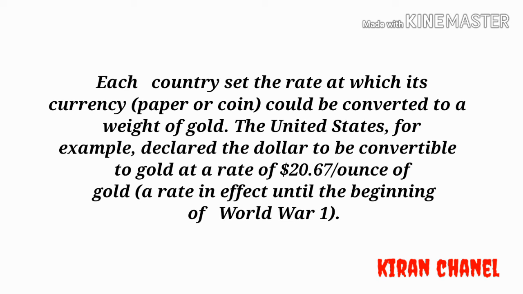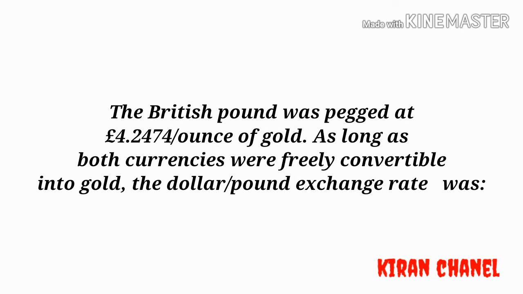Each country set the rate at which its currency, paper or coin, could be converted to a weight of gold. The United States, for example, declared the dollar to be convertible to gold at a rate of $20.67 per ounce of gold, a rate in effect until the beginning of World War I. The British pound was fixed at 4.2474 ounces of gold.